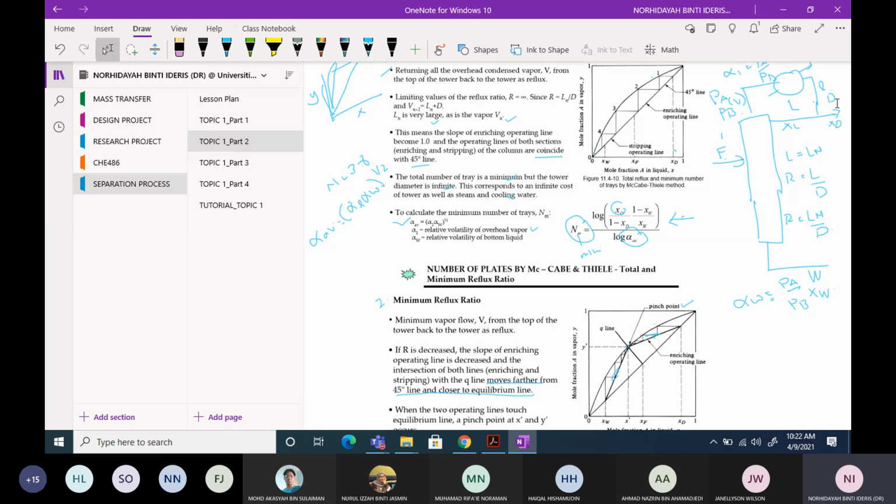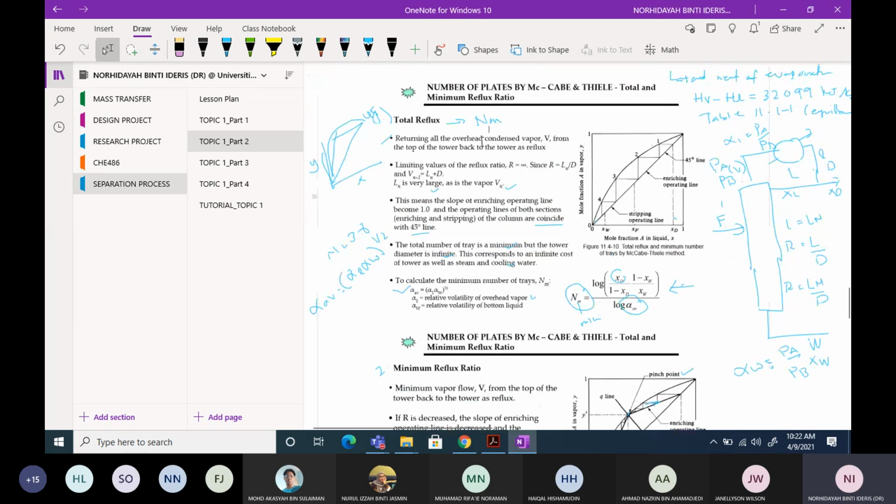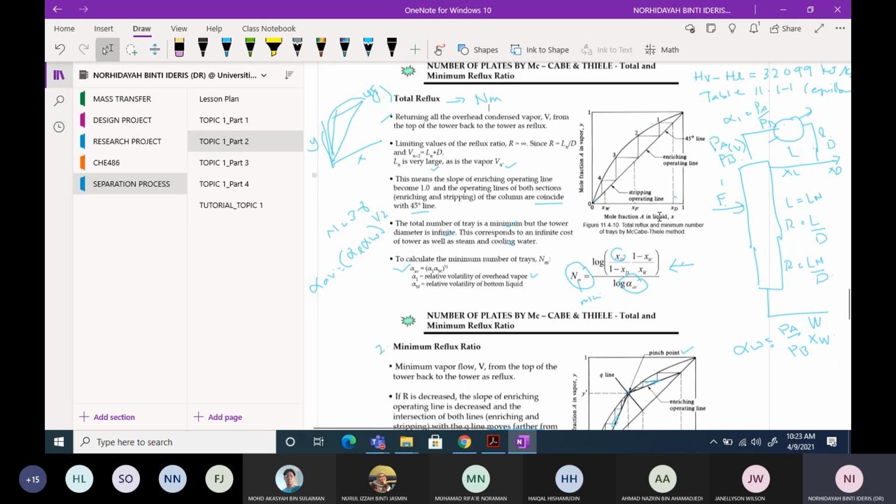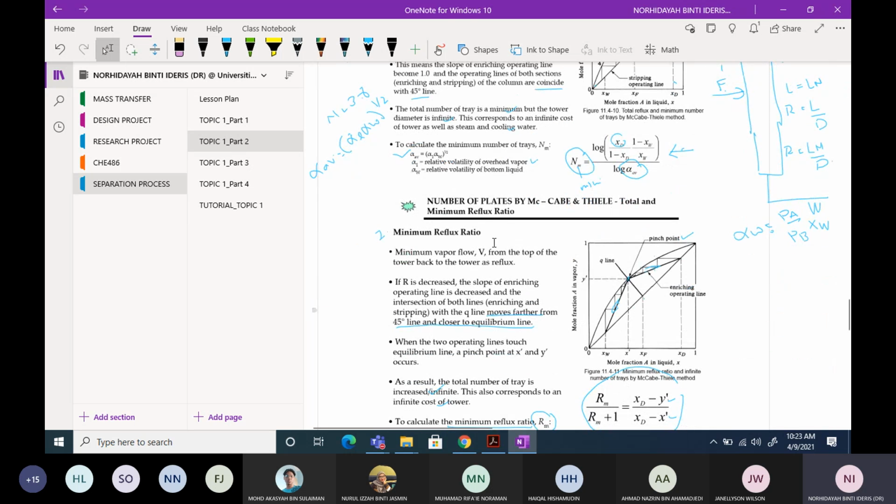However, for this case, if R is decreased, the slope of the enriching operating line will move farther from the 45-degree line and closer to the equilibrium line. In the case of total reflux, the enriching and stripping operating lines approach the 45-degree line and overlap each other. For the case of minimum reflux, R min, it is the reverse of the first case.